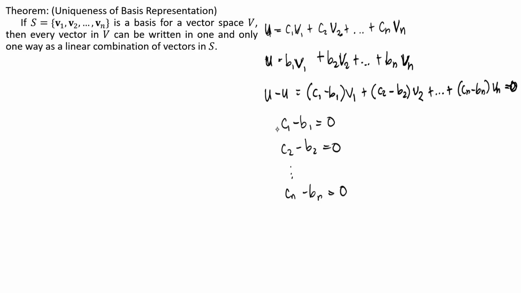Thus, from these equations, c sub i is equal to k sub i for all i equals 1 up to n. Therefore, it follows that u has only one representation for basis S.